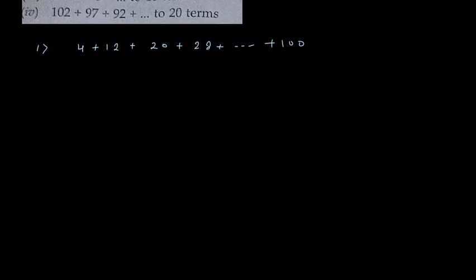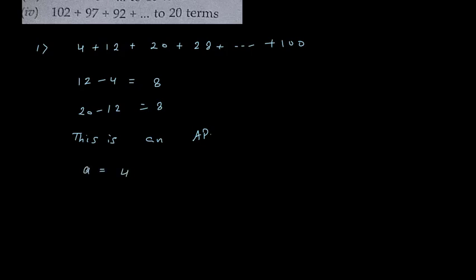If you see the common difference, 12 minus 4 is 8, 20 minus 12 is 8, 28 minus 20 is 8. So this is an AP. What is the first term?